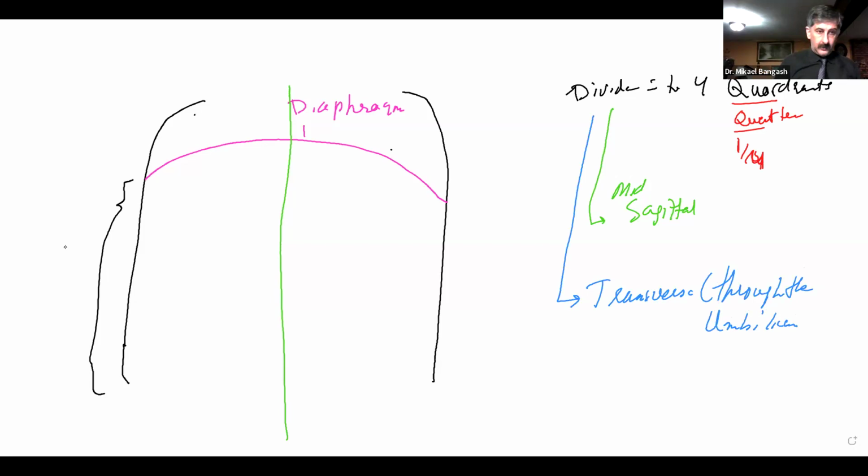So let's just say that here is your umbilicus. We'll draw a transverse line through the umbilicus. And now our abdominopelvic cavity is divided into 4 quadrants.